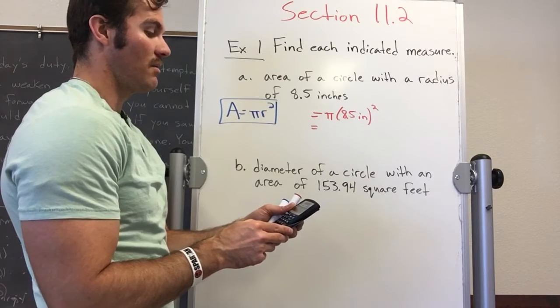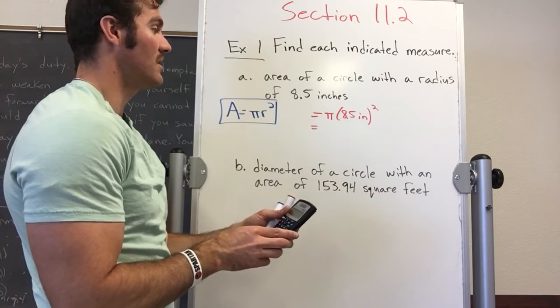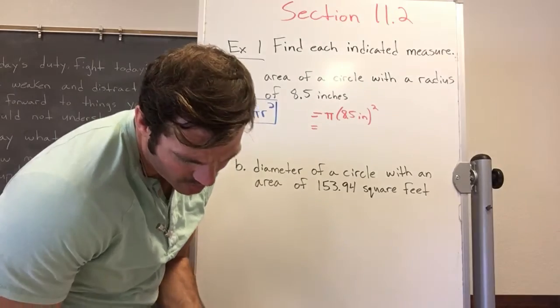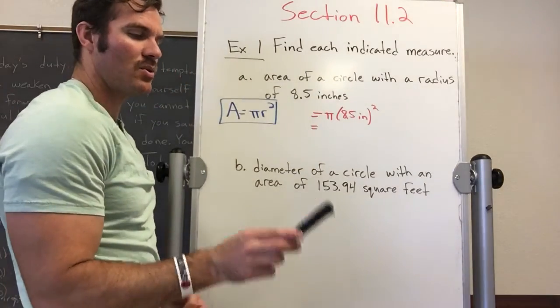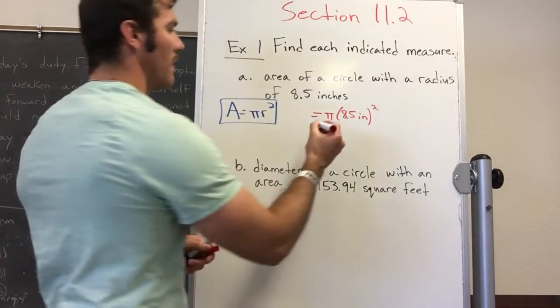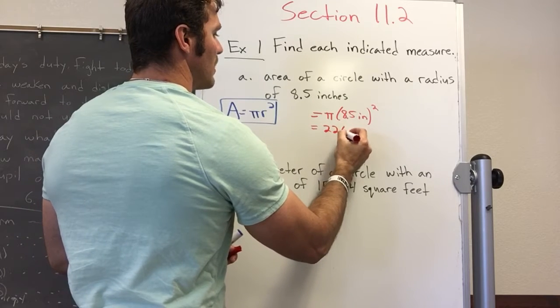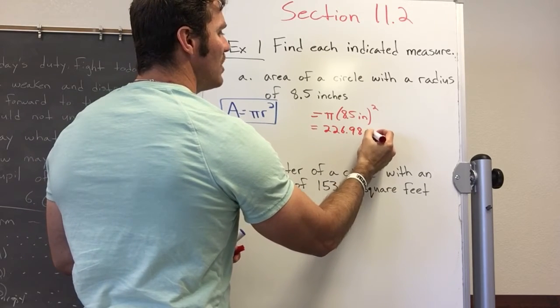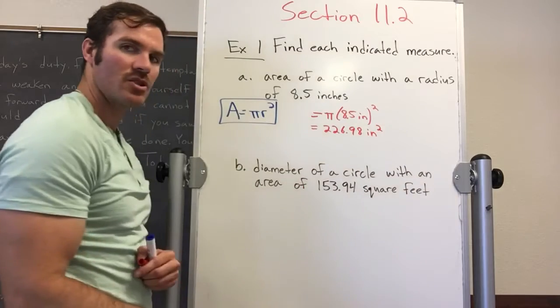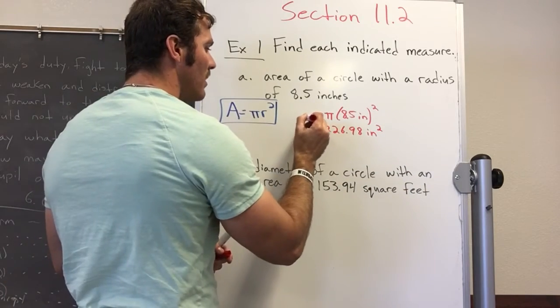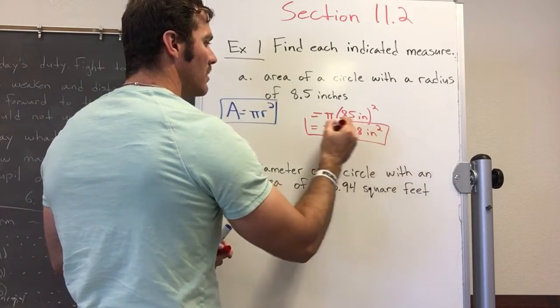I guess I have to write that. I could round it to 227, and I don't know if they're going to be picky, but we'll just stick with 226.98. 226.98 inches to the second power, squared inches. You have to include that, or else it's wrong.